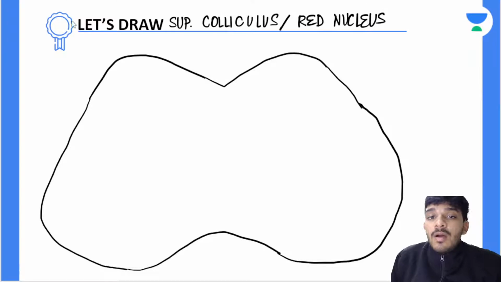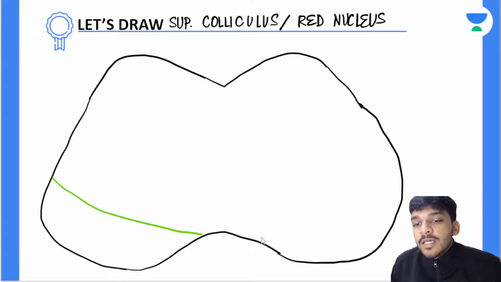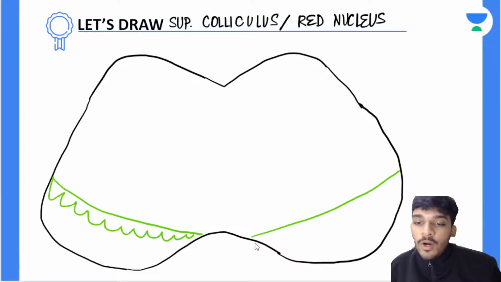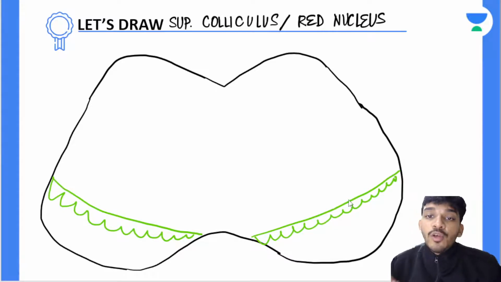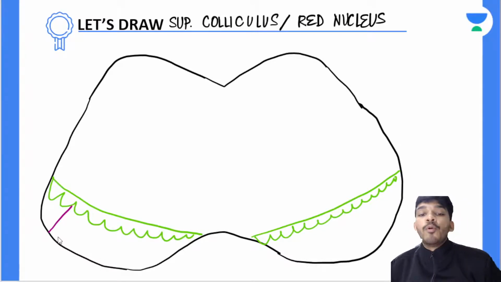Now I am paying less stress to the substantia nigra and the crus cerebri because it's very simple to draw. So this is the substantia nigra. I'm not even going to label it, but you should know that what I have drawn here is the substantia nigra. In front of it you have the crus cerebri. Please remember to mention the lateral 1/6 carries fibers of the temporopontine, parietopontine and occipitopontine.